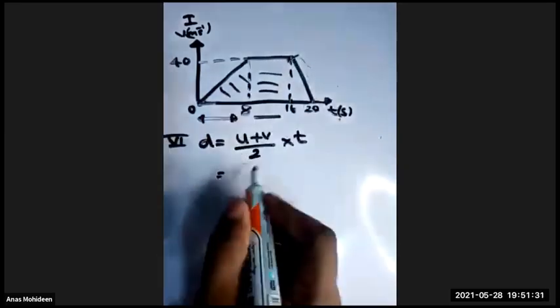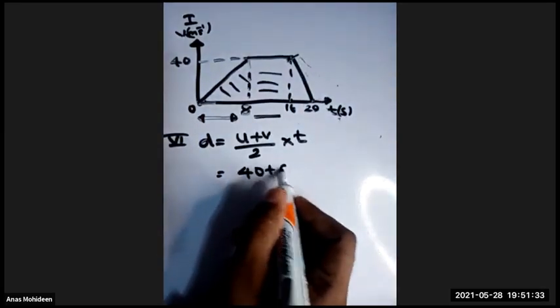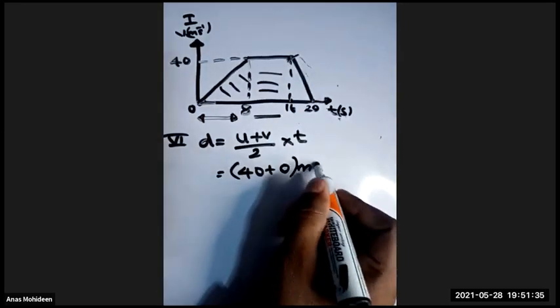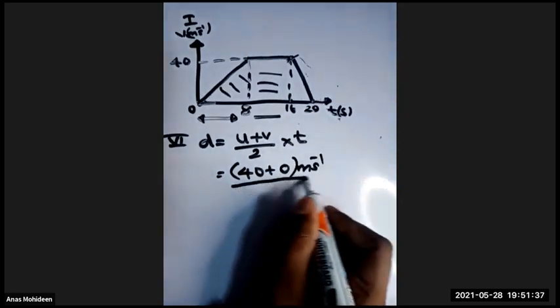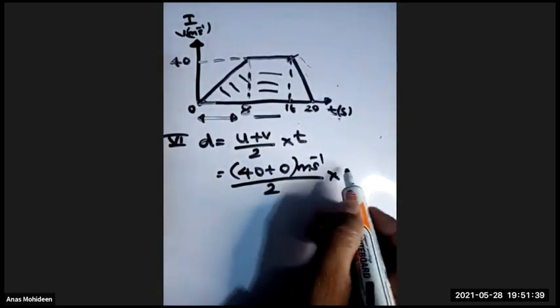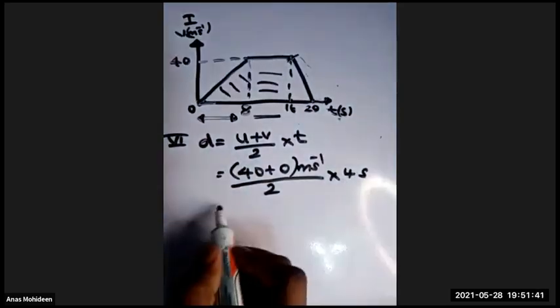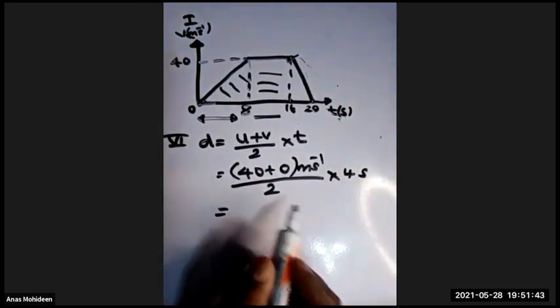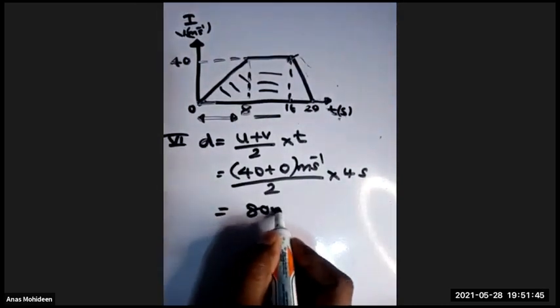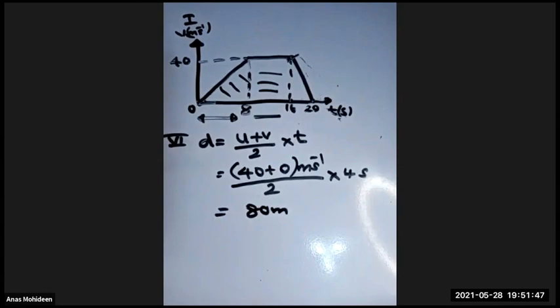Starting velocity here is 40 plus final 0 ms⁻¹, divided by 2 to get the average, multiplied by 4 seconds. 40 divided by 2 is 20, 20 into 4 is 80 meters. That means during the last 4 seconds, the displacement is 80.